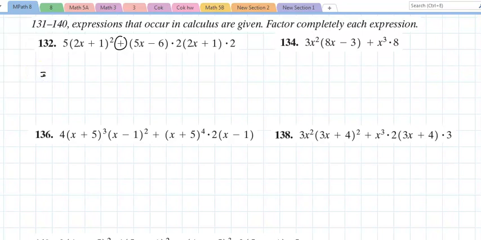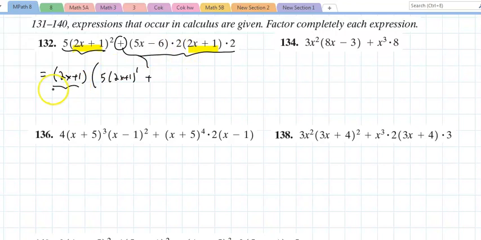So if I look at those terms, I notice that 2x plus 1 is a common factor in both. That's the only thing I see common in both. So if I take the first and divide it by this, I'll have 5 into (2x plus 1) to the 1 left, plus, if I take this piece and divide it by this, I'll have 2 times 2, which is a 4 into (5x minus 6).